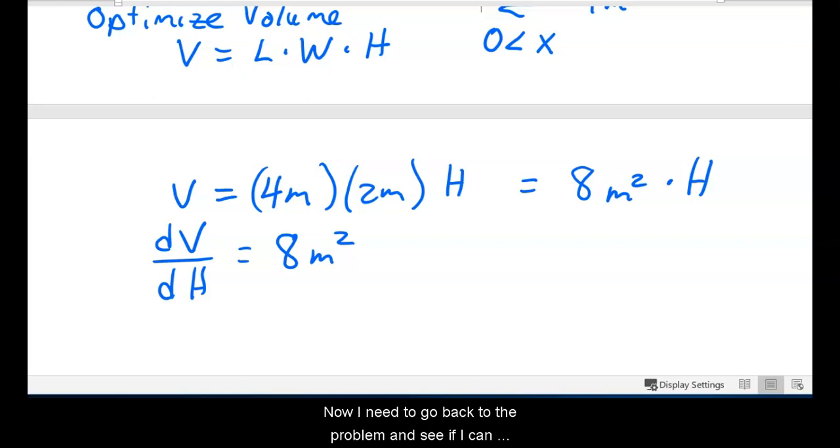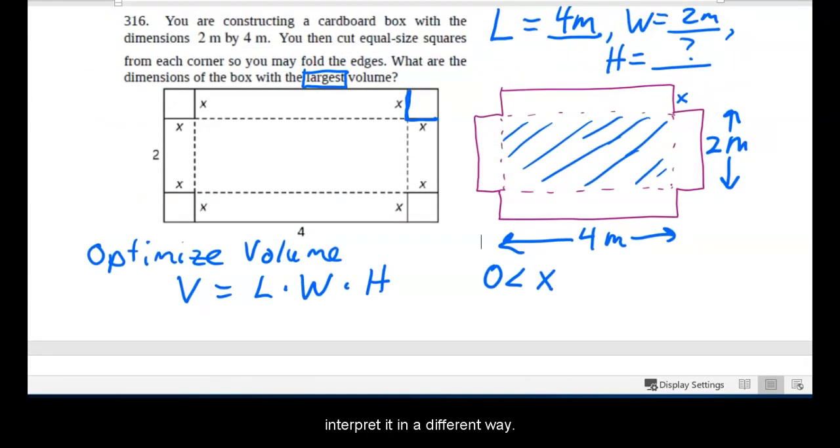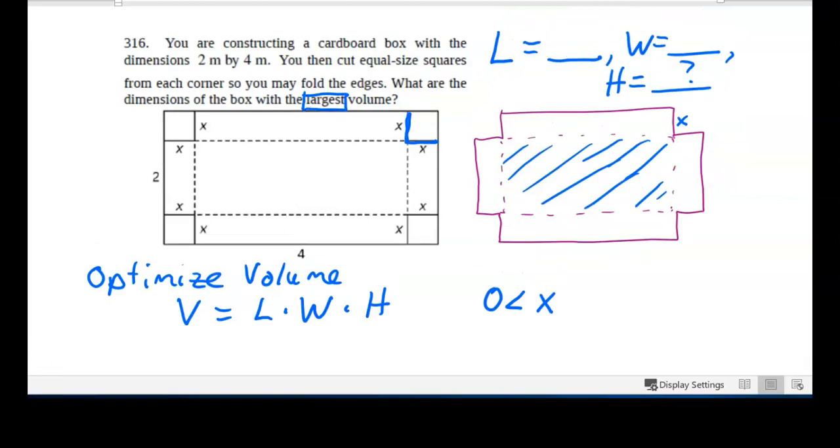Now I need to go back to the problem and see if I can interpret it a different way so that I can solve the problem. Starting over, it seems to me that it was my interpretation of the 2 meters by 4 meters that put me on the wrong path.